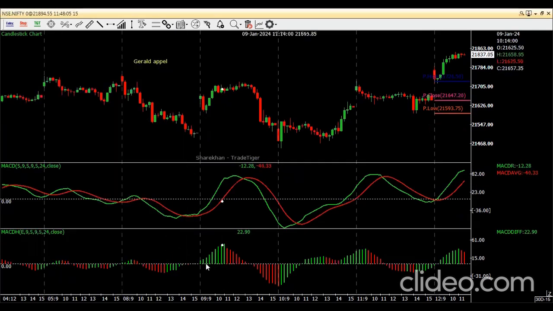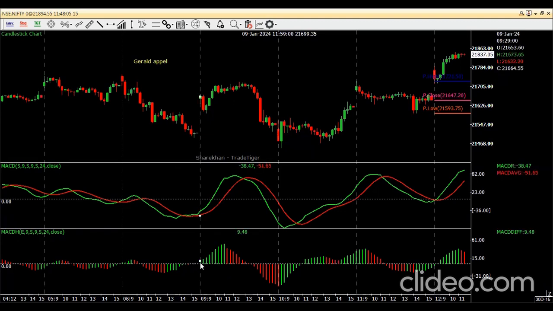Here you can see the strength of the trend in the histogram. This combines MACD and the MACD histogram, and you need to add both.